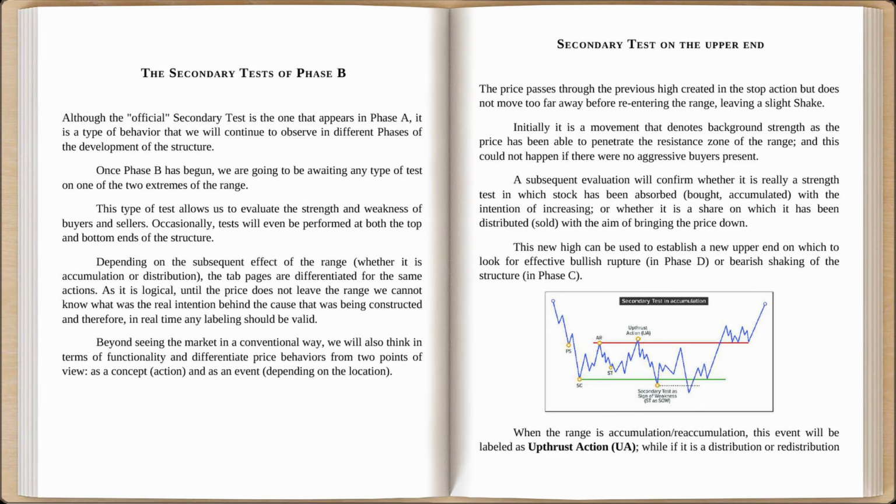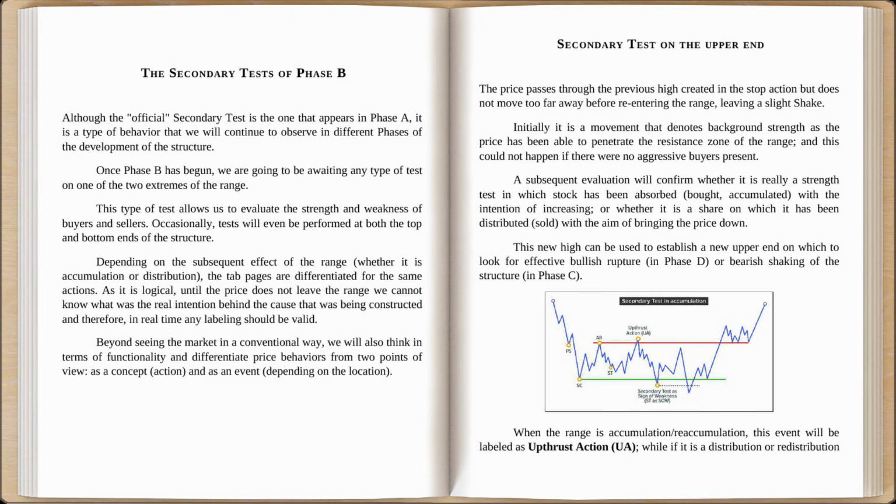The secondary tests of Phase B. Although the official secondary test is the one that appears in Phase A, it is a type of behavior that we will continue to observe in different phases of the development of the structure. Once Phase B has begun, we are going to be awaiting any type of test on one of the two extremes of the range. This type of test allows us to evaluate the strength and weakness of buyers and sellers.